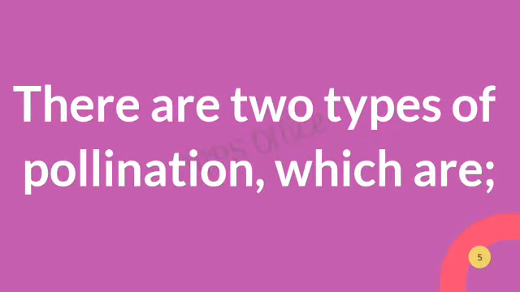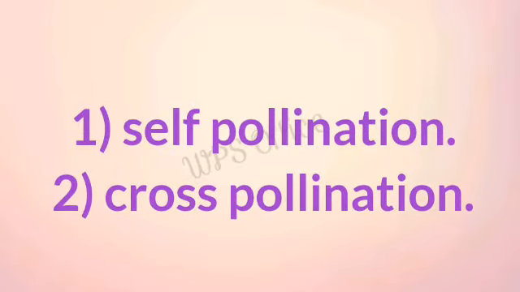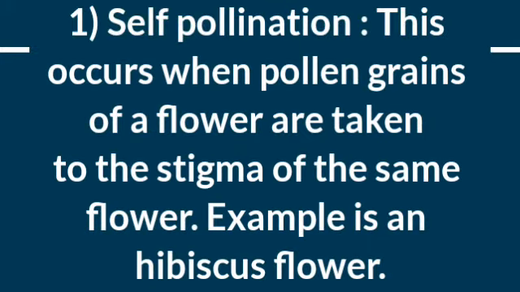Next, there are two types of pollination, which are 1. Self-pollination, 2. Cross-pollination. So these are the two types of pollination. Now, what is self-pollination?